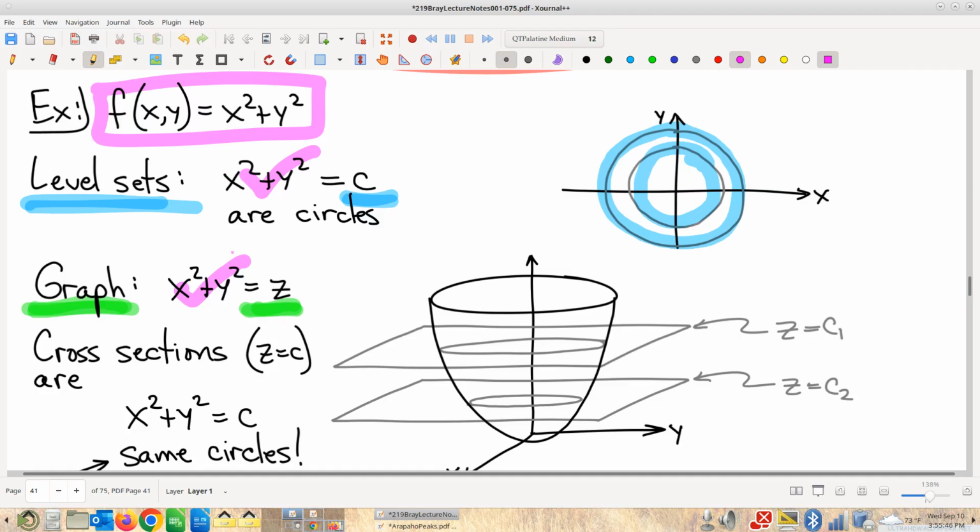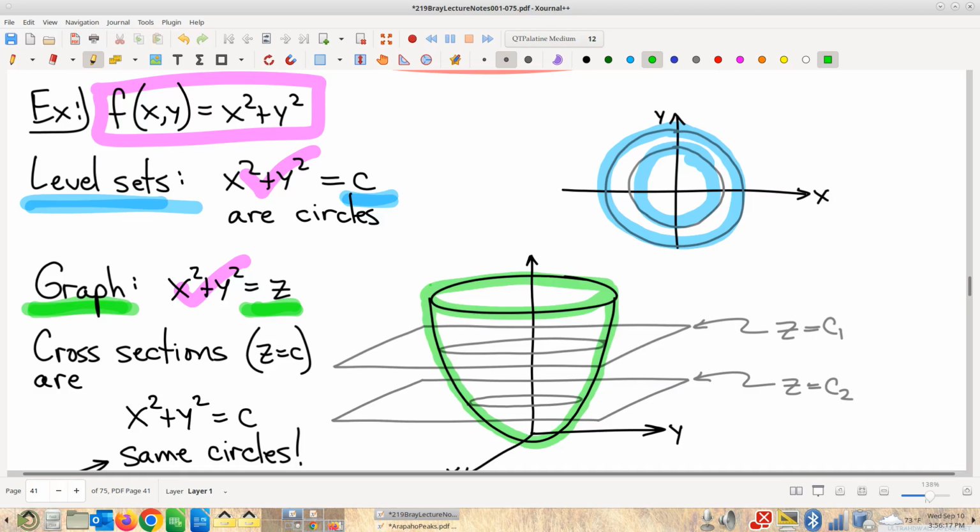What is that? Well, technically, y'all don't have the tools yet for me to argue what that is. We will do that very soon, probably on Friday. I don't think we're going to quite make it today. But I'm going to claim it, to be explained later. Hopefully you're willing to trust me at the moment. That graph is a kind of bowl like this.